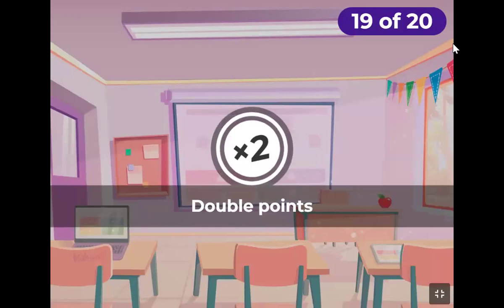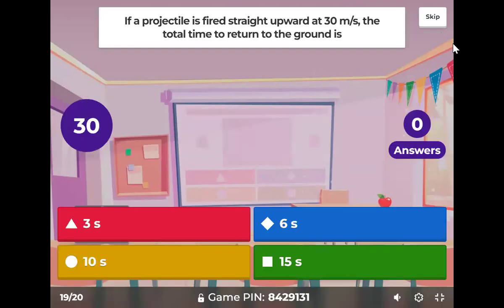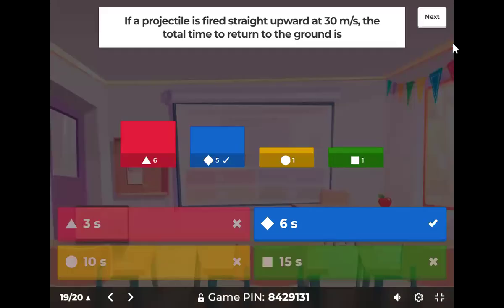Number 19, double points. A projectile is fired straight upward at 30 meters per second. The total time to return to the ground is 6 seconds.